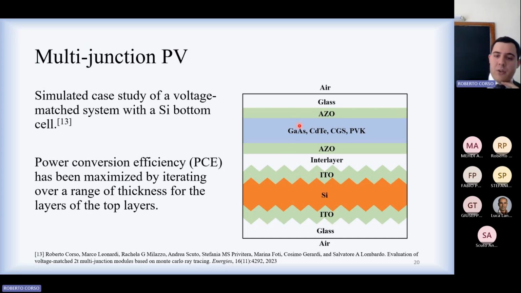Whereas for the top module, we considered a different semiconductor, so different band gap energy, and the goal of the study was to optimize the thicknesses of all these layers in the top module.